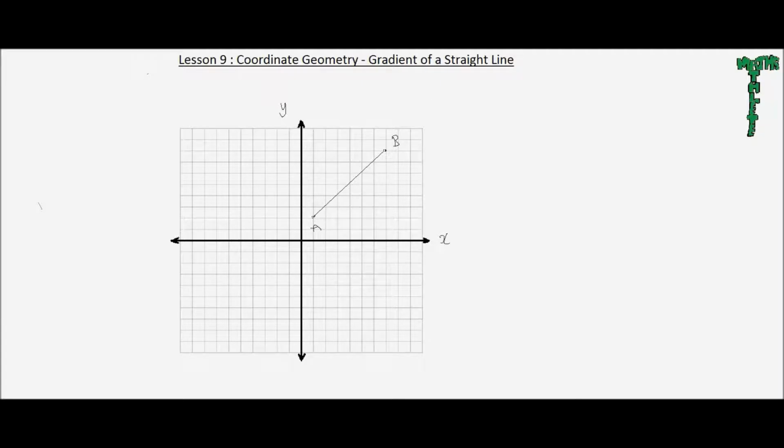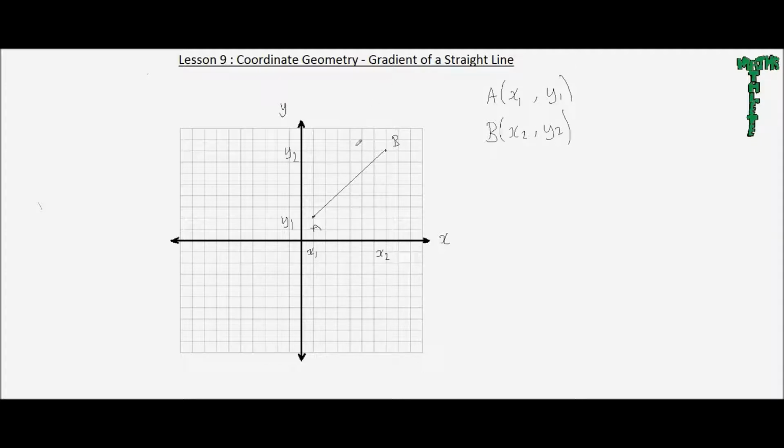Okay, so now let's give it some coordinates. Algebraically, this would have coordinates x1, y1, and B has coordinates x2, y2.